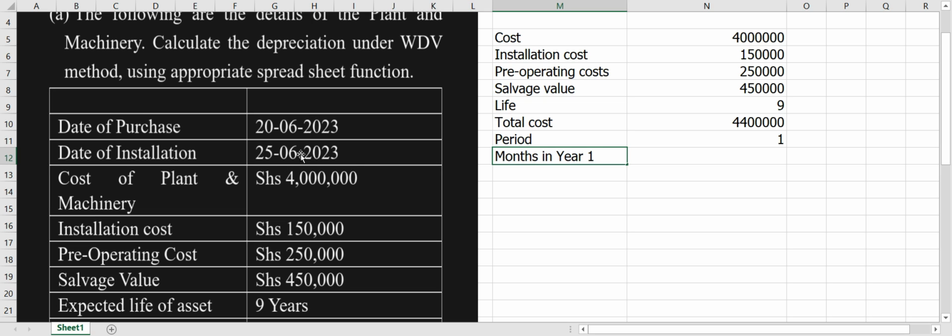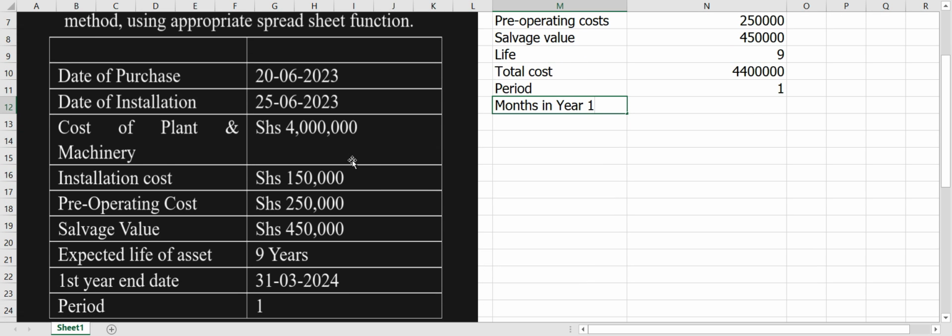The machine was purchased on 20th June 2023. It was installed on 25th June 2023. That is just after 5 days. But then the financial year ends on 31st March 2024. That's a period of how many months?